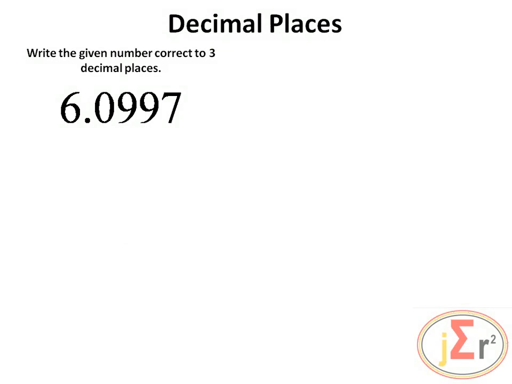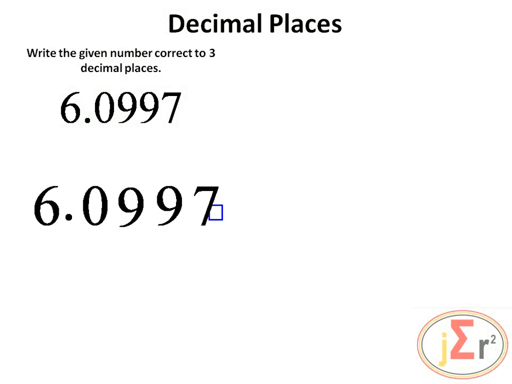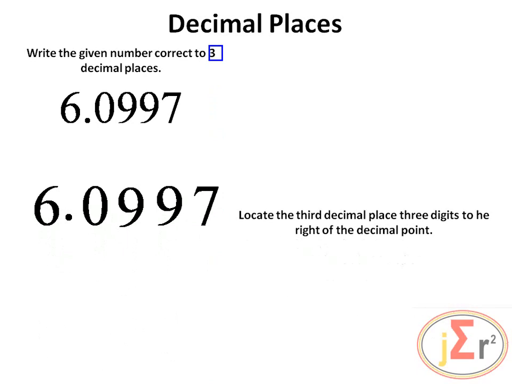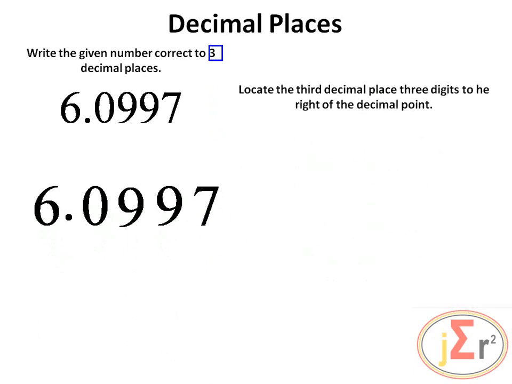Write the given number correct to 3 decimal places. Locate the third decimal place, 3 digits to the right of the decimal point. Check the digit that is next in order of significance.